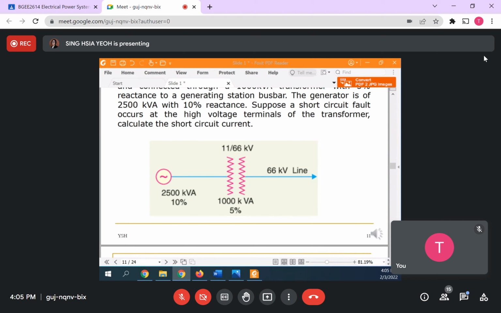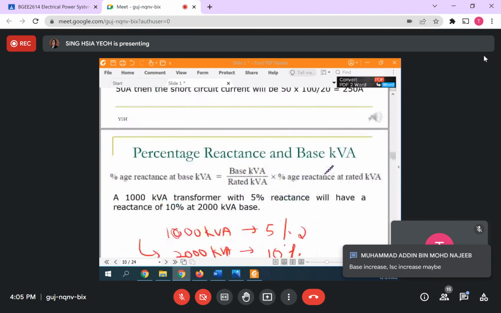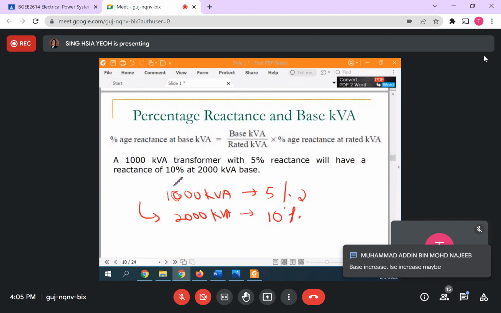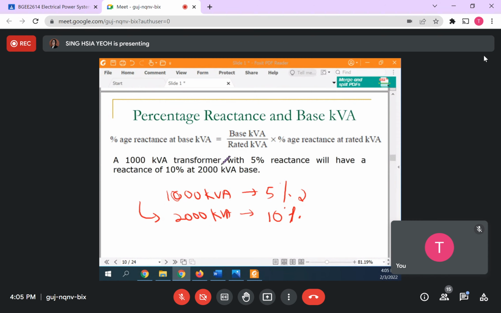Nicholas asks, how come when we increase the base, the percentage increases also? It's a different story, Nicholas. This one is actually more a ratio type of question. 1000 kVA represents 5%, then if it is 2000 kVA, it should be 10%.